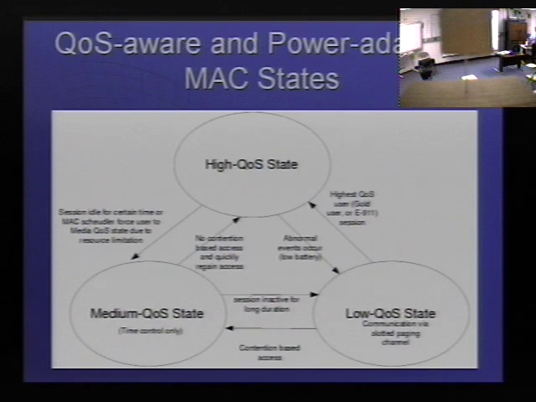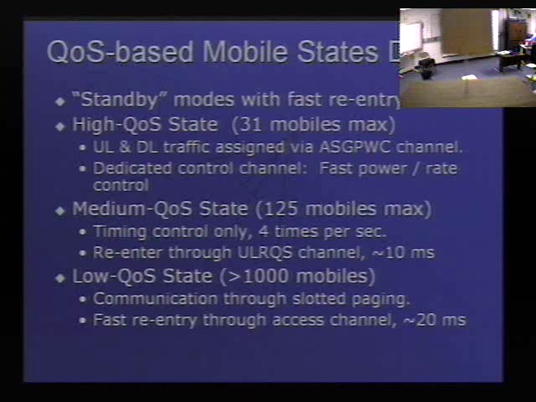The low QoS is like if the session is not active for a while, then you put it aside instead of letting it waste all this resource. So look at this QoS. High QoS can only accommodate a very limited number of users, and all the users have traffic and are ready to send the information. For the medium, you can allow a little more, maybe 128, for example.